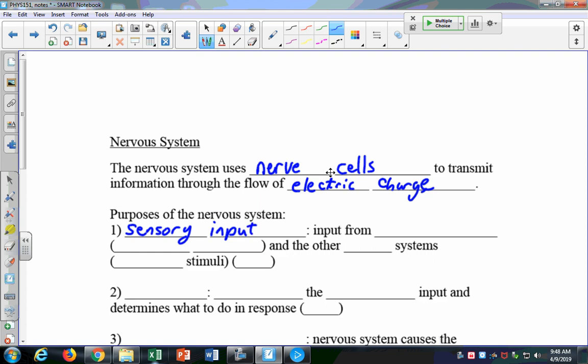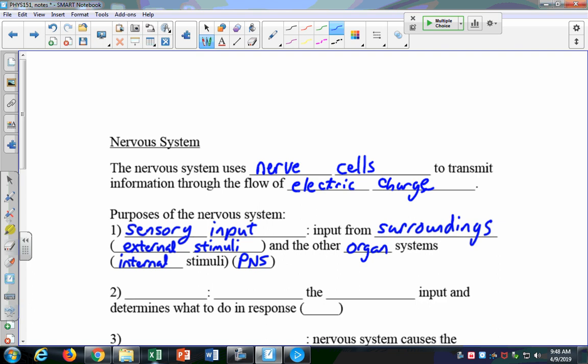So that's input from the surroundings, external stimuli, and the other organ systems, which is internal stimuli. We'll later call this the PNS, the peripheral nervous system. We'll talk about that in a bit.